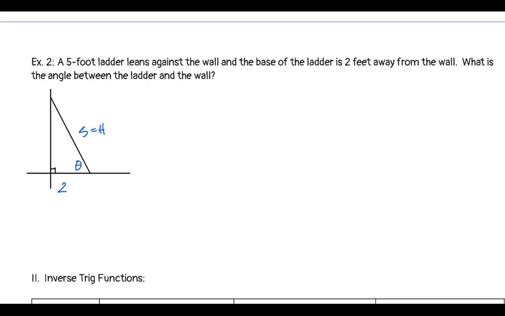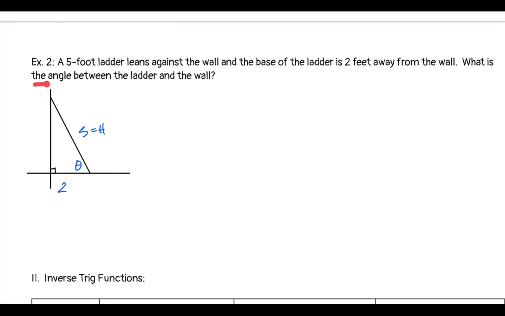We agree, do we disagree? All right, well, I disagree with you. I was going to say, since it's between the ladder and the wall, it would go at the top between the wall and the ladder.